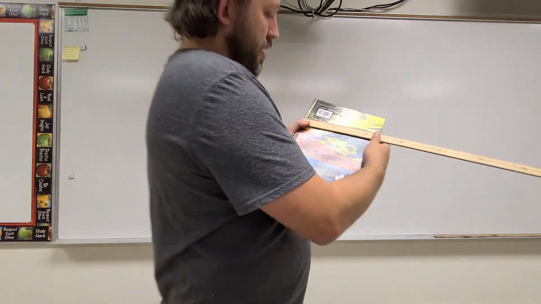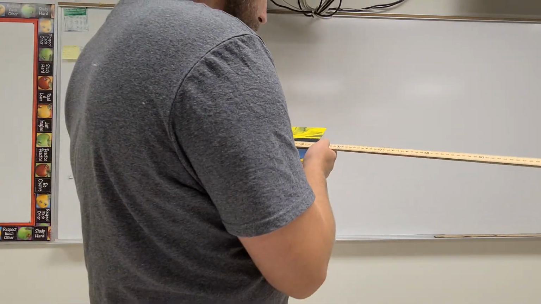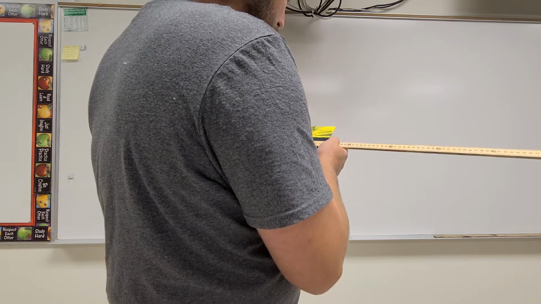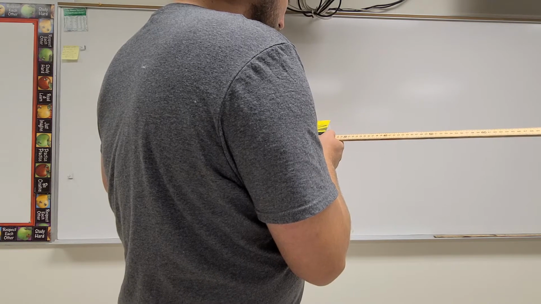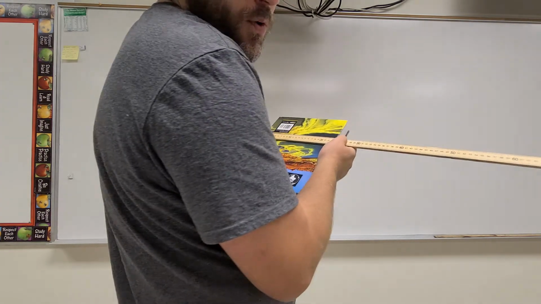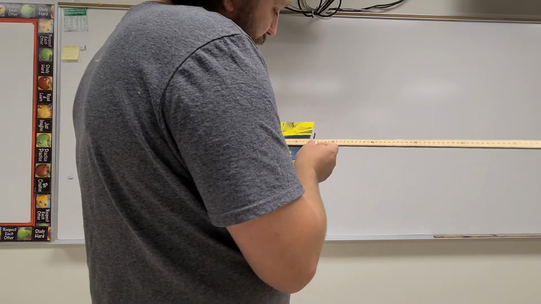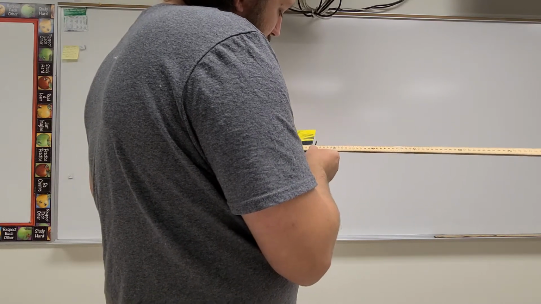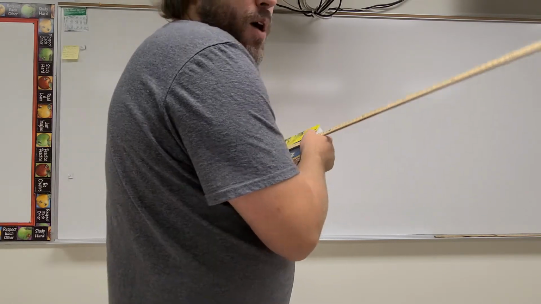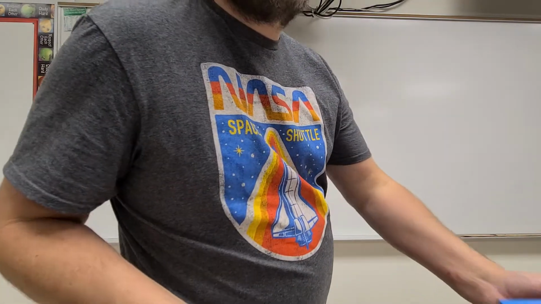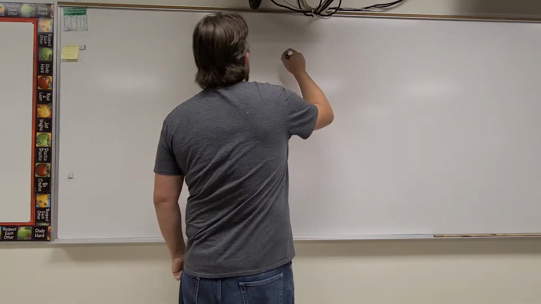I'm going to measure the width of the book, and I'm going to say that is about 23.4 centimeters. And I can't really see the lines very well, so I'm going to say 23.4 plus or minus 0.1. We're going to talk about why I'm doing that plus or minus in a moment as well. So the width of the book.